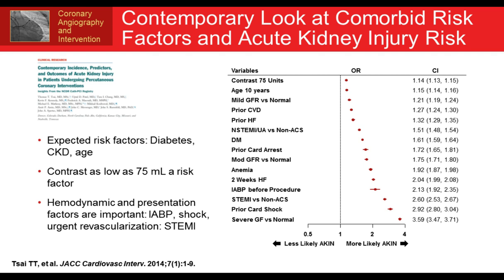So we have the expected risk factors of diabetes, chronic kidney disease, and age. We now have evidence that contrast dose as low as 75 mLs is a risk factor. And again, we see balloon pump use, shock, urgent revascularization, STEMI, these factors of the unstable, hemodynamically challenged patient. We see that that's a big risk factor for acute kidney injury, again mirroring what Mehran found in 2004.